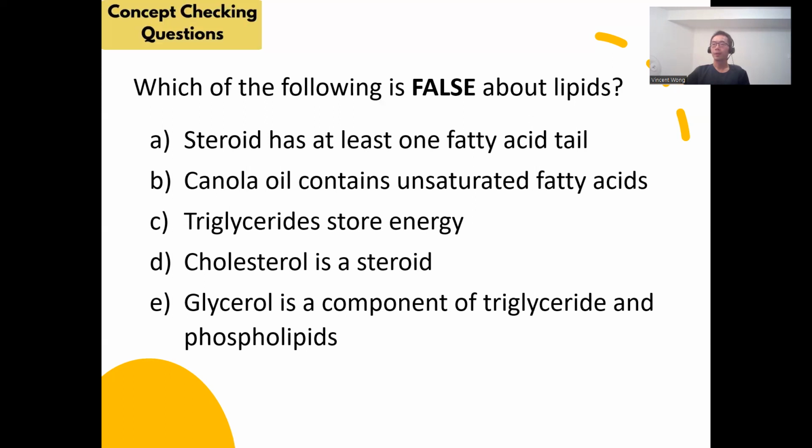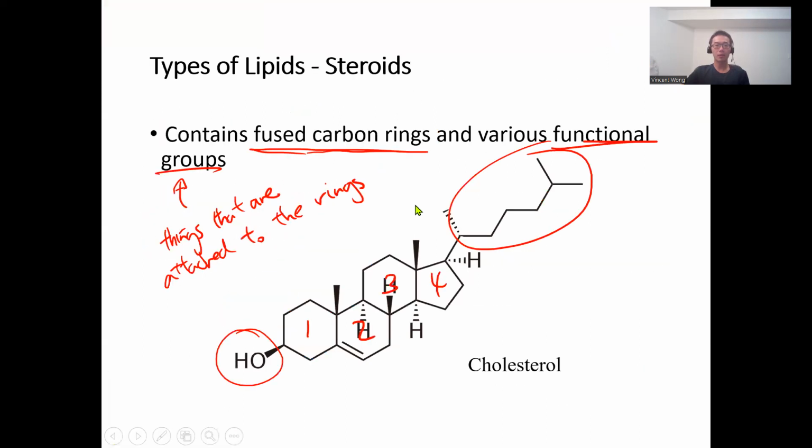We have two popular choices here, A and D. Let's take a look at them. First one: steroid has at least one fatty acid tail. That actually is not true. That's the false one.